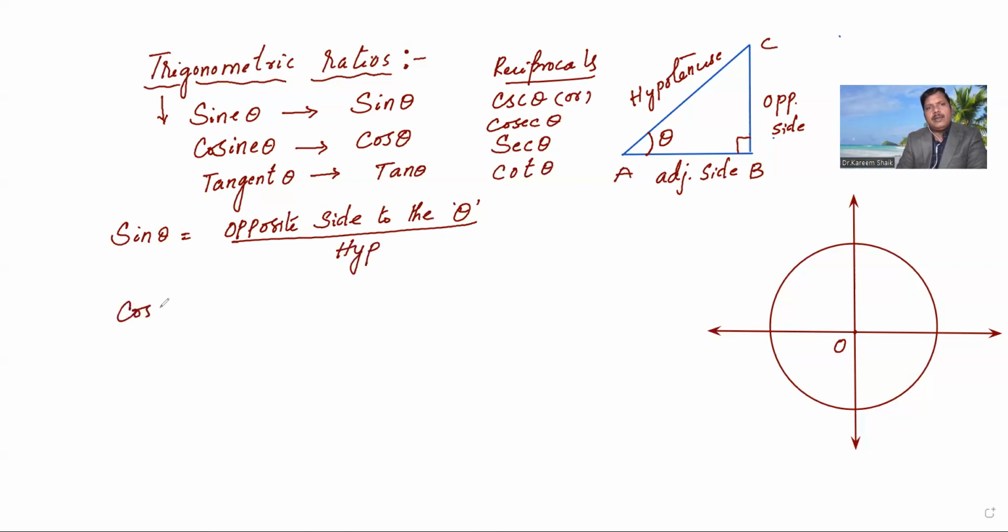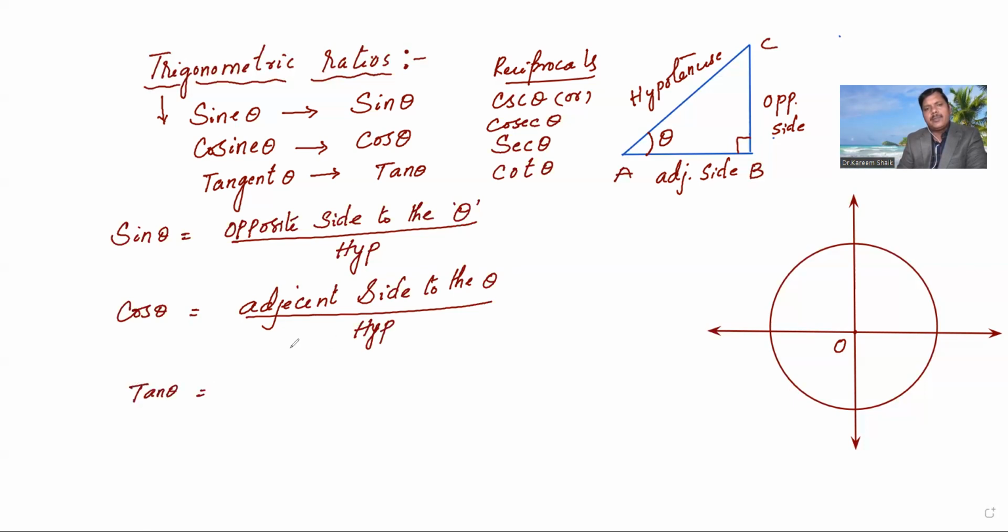And cos theta is the adjacent side to the theta upon hypotenuse. And tan theta is the opposite side upon the adjacent side, with respect to theta only.